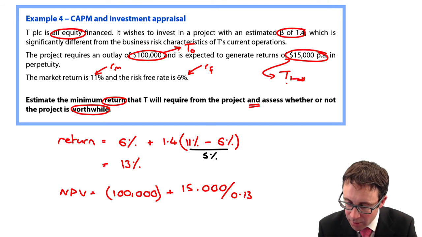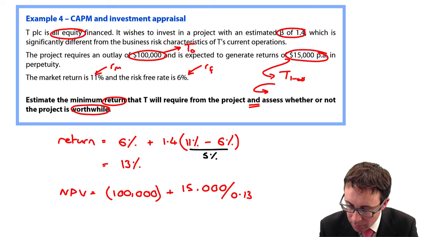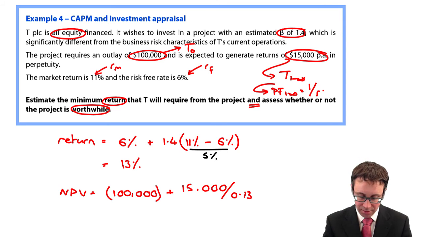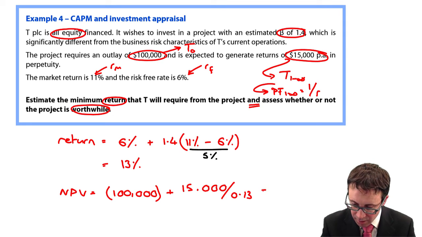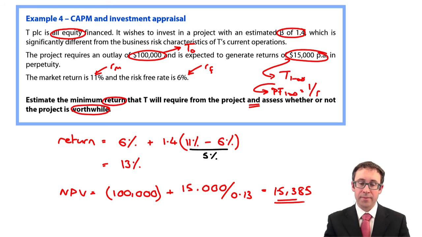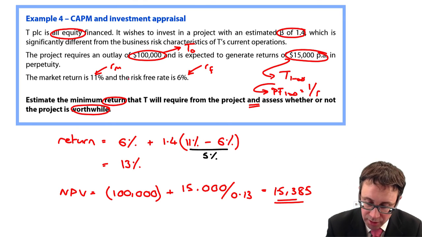Remember, when you're looking there, that's a perpetuity factor from 1 to infinity. That's just 1 over the discount rate, isn't it? So 15,000 divided by 0.13 less 100,000 gives me there 15,385. Okay. So to answer the question, the return is 13%.